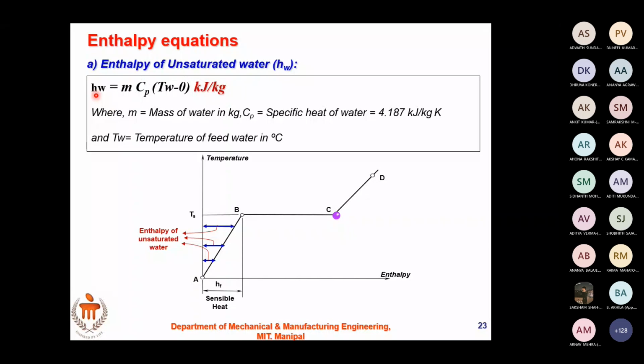So specific enthalpy of unsaturated water is given by H suffix W equal to mass of water that I have multiplied by specific heat of water multiplied by temperature difference. So if I have my water here at this temperature, it's a given temperature of water minus 0 degrees Celsius. Got it? Specific heat of water is a constant. You have to remember this. It is 4.187 kilojoule per kg Kelvin.